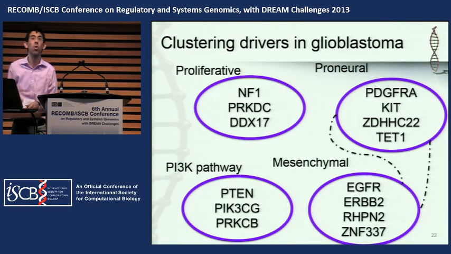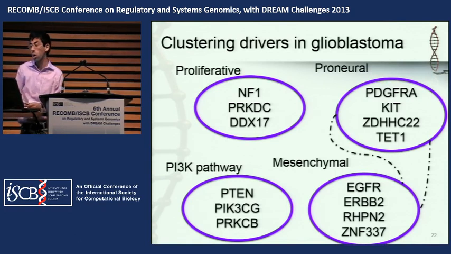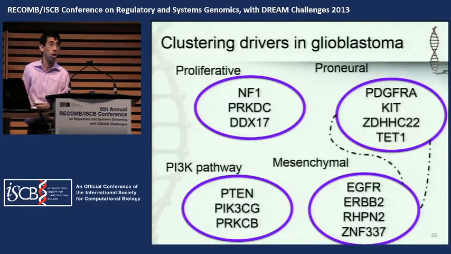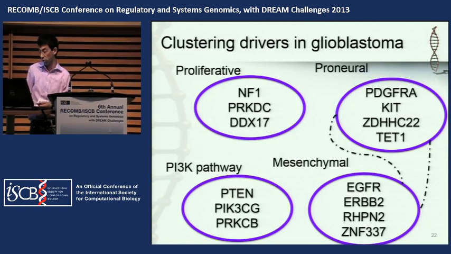The mesenchymal and proneural clusters were anti-correlated or seemed to be co-repressing, where the proneural subtype lowers the mesenchymal subtype and vice versa. This also matches the literature.